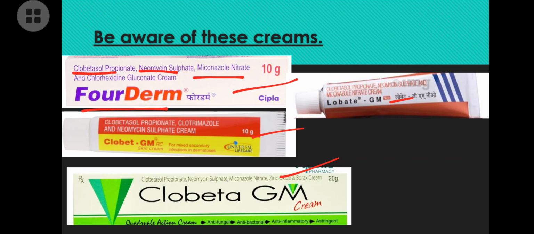So these mixed creams with antibacterial, antifungal and steroid will cause resistance to the skin. The skin loses its epidermal layer and its fighting nature. All these complications will take place. Clobetasol and similar creams are all steroid-based. Never ever use steroid-based creams on the fungal infection.